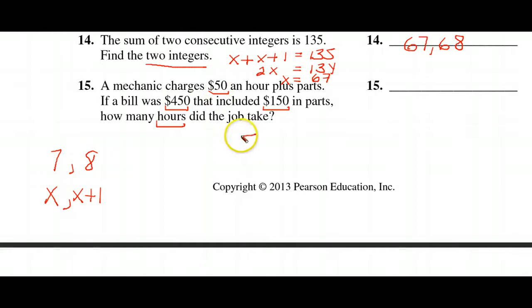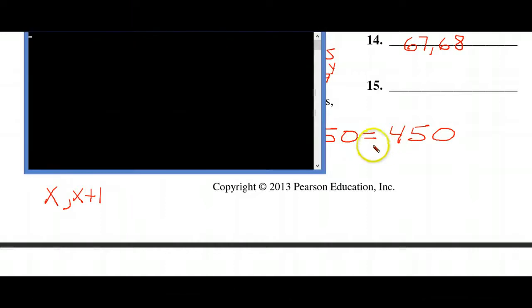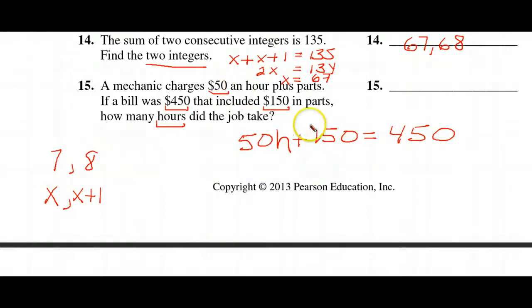So we know it's $50 per hour. What we don't know is how many hours. So 50 times we don't know how many hours, plus the cost of the parts, that will equal his total cost. And there's your equation. It's not too difficult here. Anyway, we're going to subtract 150 from both sides, and we get 50h equals 300.